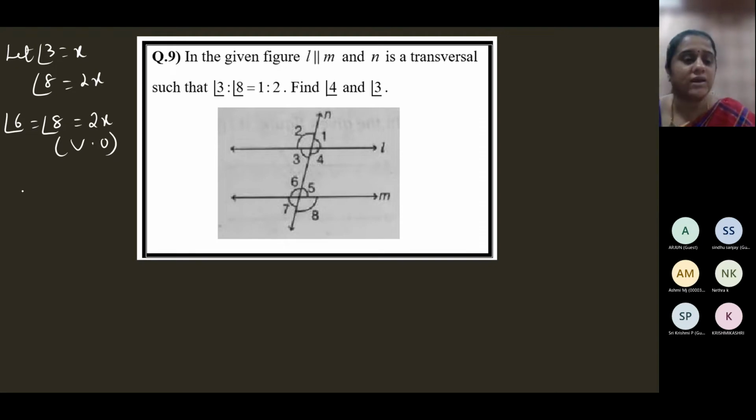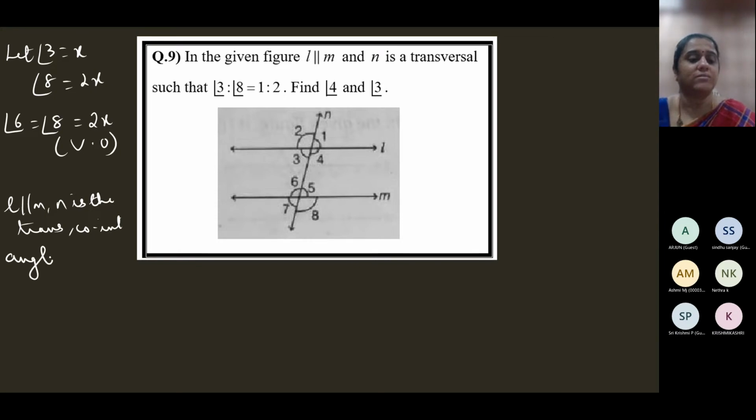So now angle 3. N is parallel to M, and N is the transversal. Co-interior angles are supplementary. So angle 3 plus angle 6 is equal to 180.